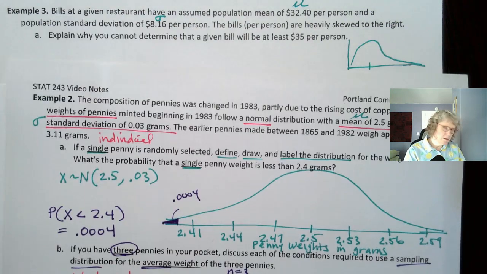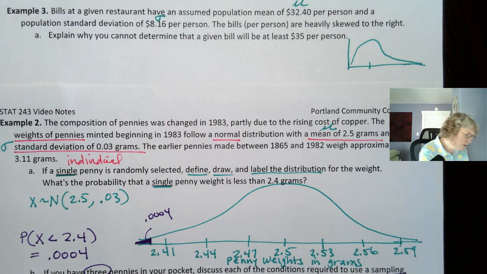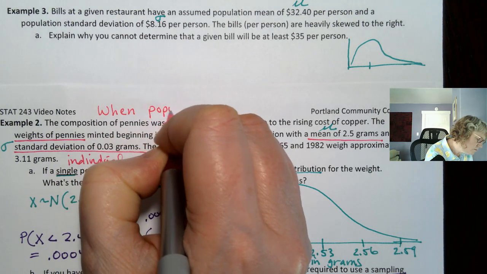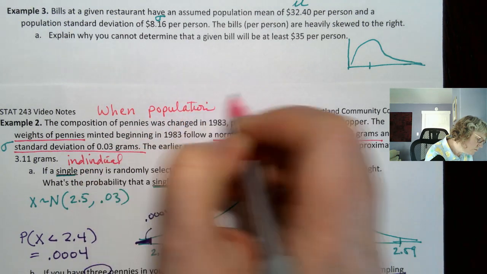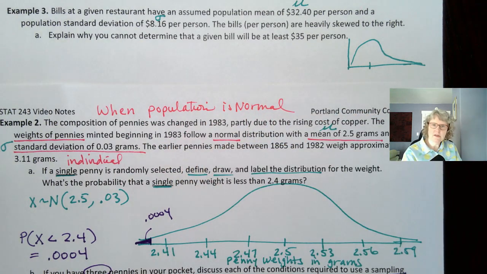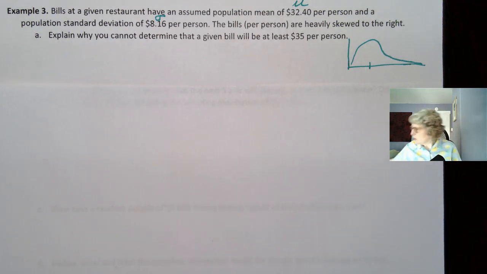So I might want to make a note on top of this page that this is when the population is normal. I put that in the title of that video. So this is how you do it when the population is normal.